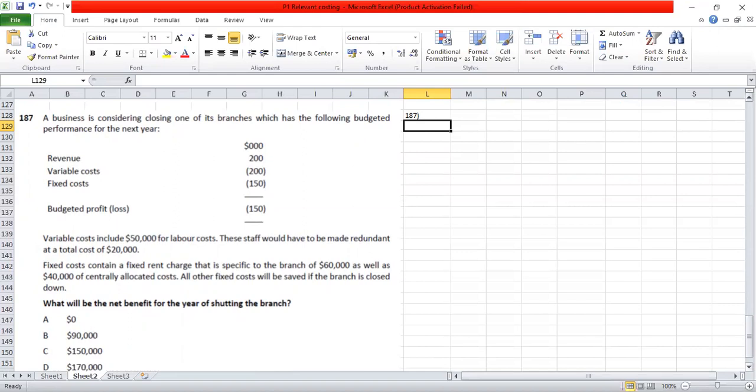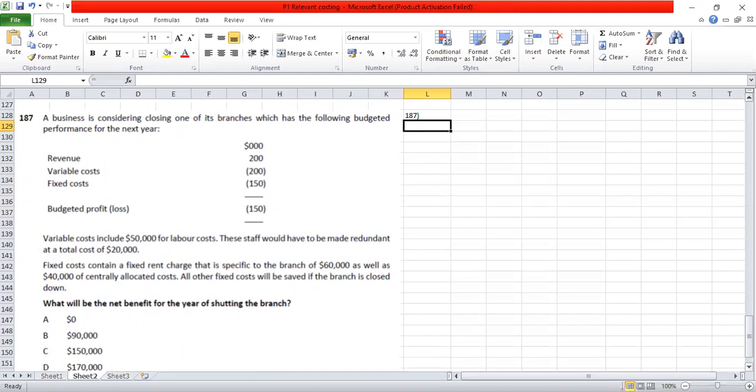These staff would have to be made redundant at a total cost of 20,000. Fixed costs contain a fixed rent charge that is specific to the branch of 60,000 as well as 40,000 of centrally allocated costs. All other fixed costs will be saved if the branch is closed down. What will be the net benefit for the year of shutting the branch?